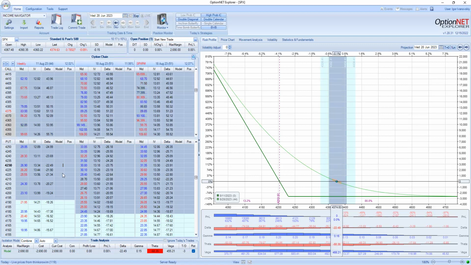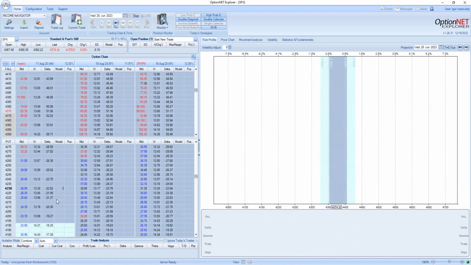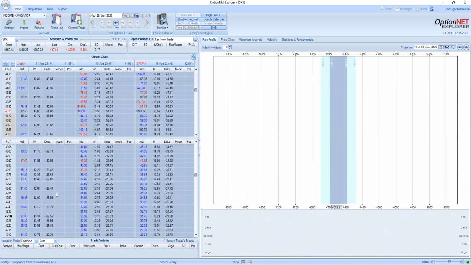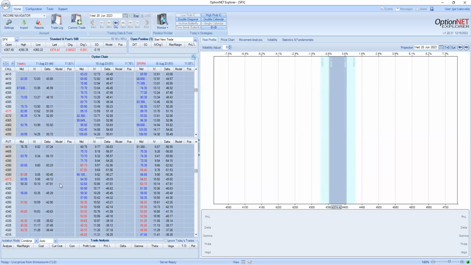And the way I'm going to set up my put debit spread, one of two ways, right? Number one, we can look at what the market is currently pricing in. We can look at the price of an at-the-money straddle, or we can just look at the price of an at-the-money put.